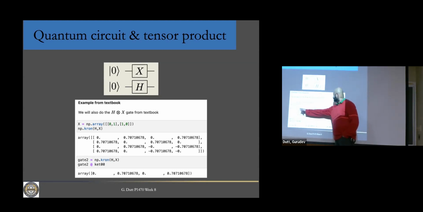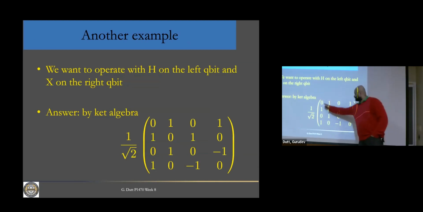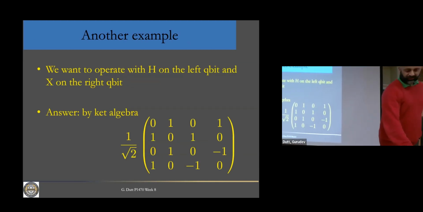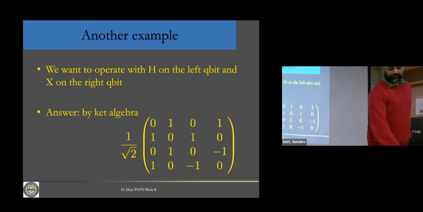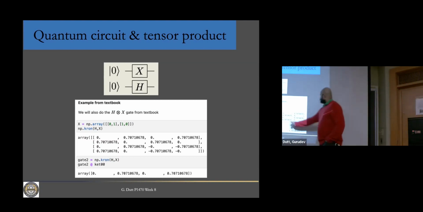So it's 1 over root 2 outside, then this is 0, 1, 0, 1. You look here, that's 0, 1, 0, 1. Then the second column is 1, 0, 1, 0, and that is also 1, 0, 1, 0, and so on and so forth.